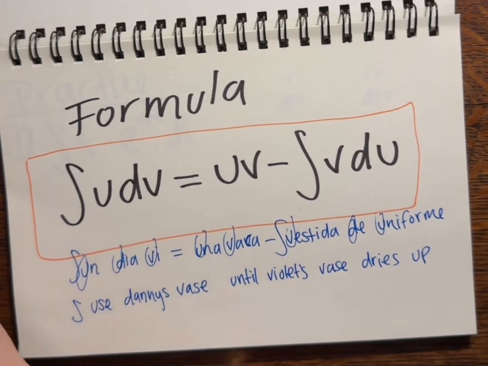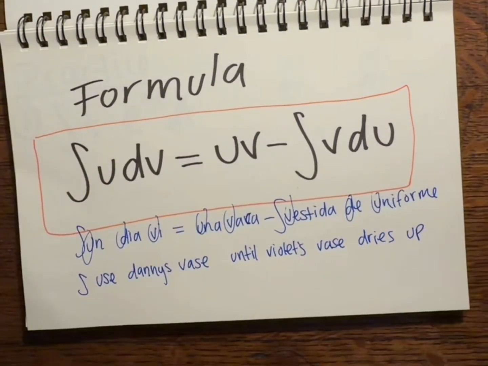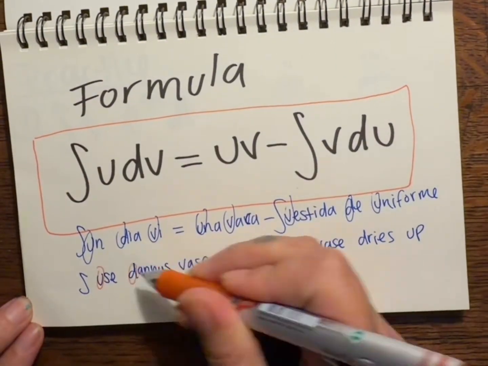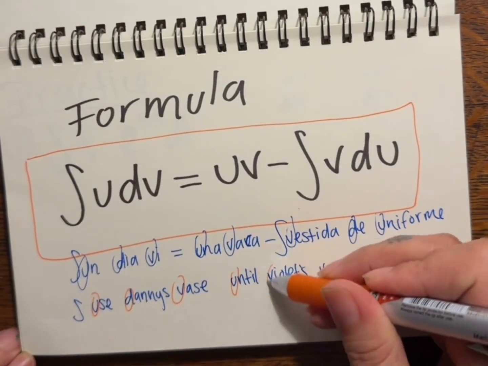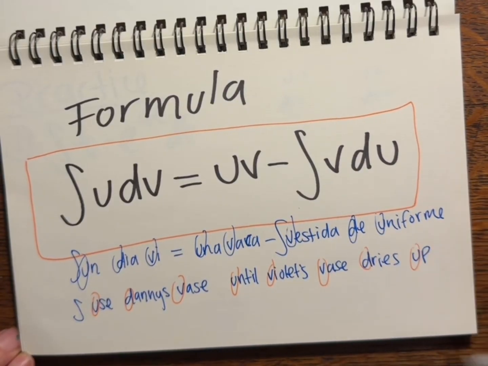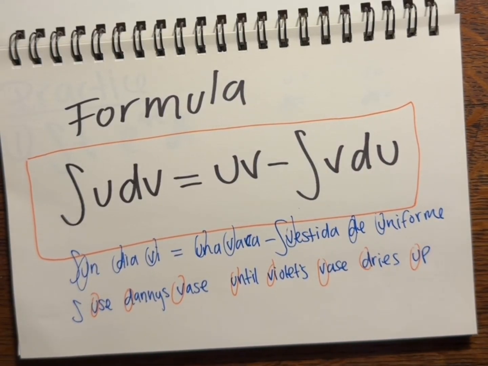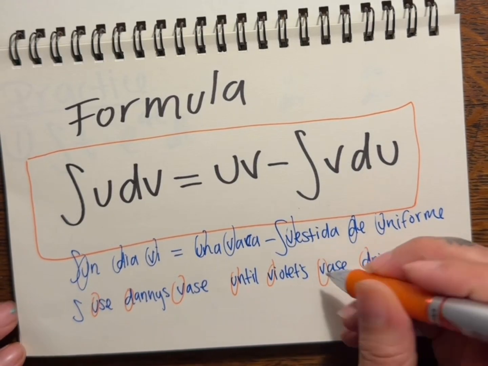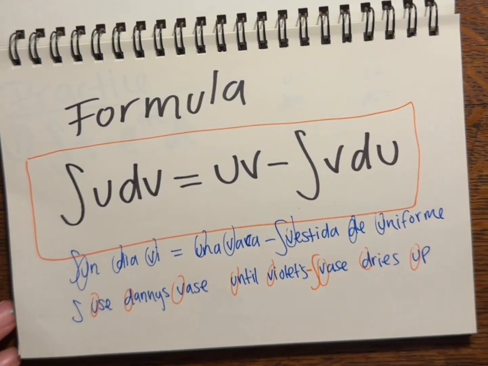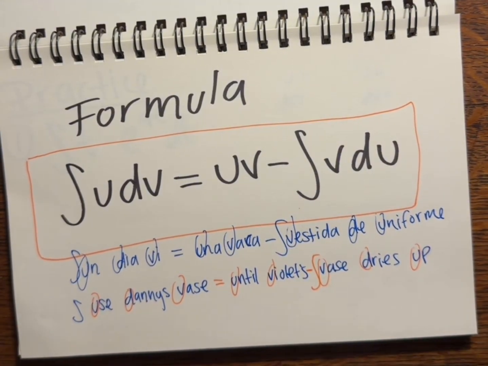Okay, I'm going to use a different color to circle the letters. So you could see we have the U, the D, the V, U, V, V, D, U. And then you would just need to remember where you have the subtraction, the equals, right? And so let me know if you guys could come up with some other ones. This was kind of a little fun. It was challenging, but it was kind of fun to do this part.